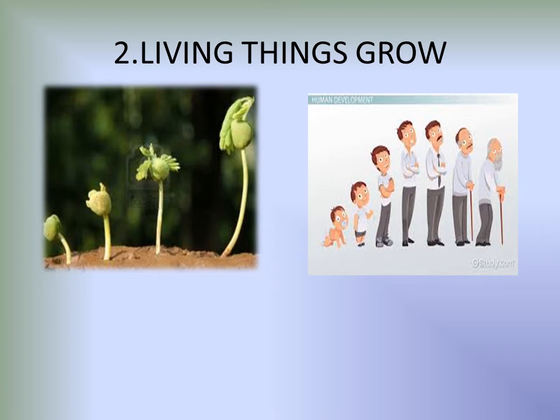Then finally they will become old and they will die. So this concludes that living things grow, and it is an irreversible and continuous process. It's not that after certain years they stop growing. No, they continue to grow.